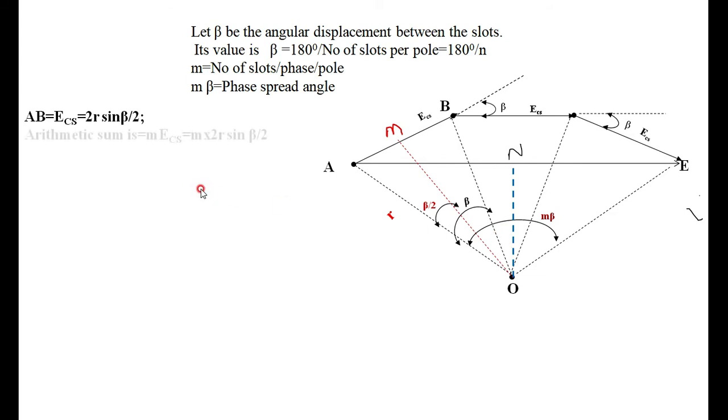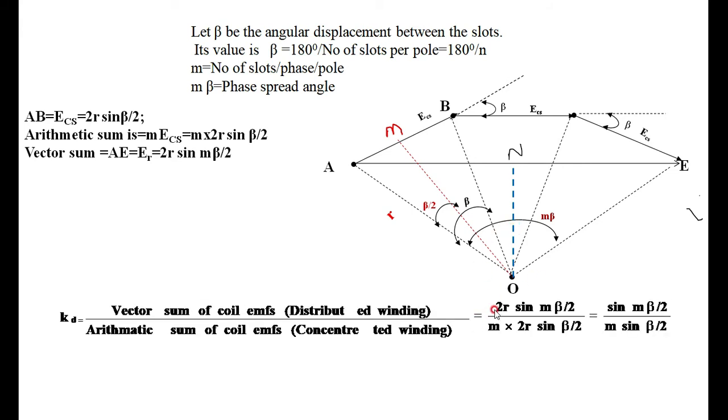Therefore, AE is nothing but 2 times AN. For the second one, the vector sum is 2R sine M beta by 2, because I am taking triangle ANO, finding AN, and then multiplying by 2. Therefore, what we are getting is AE.